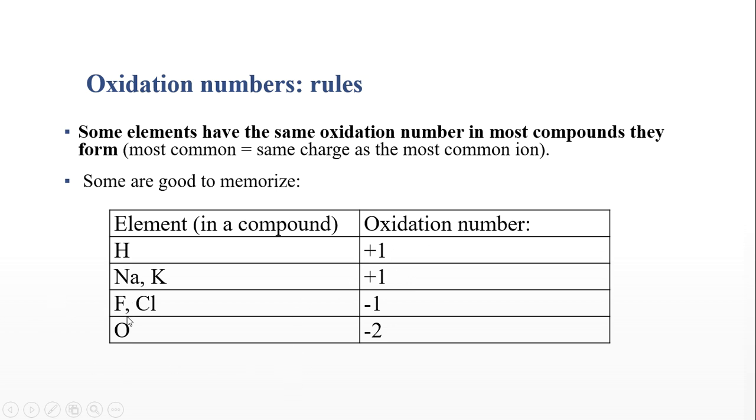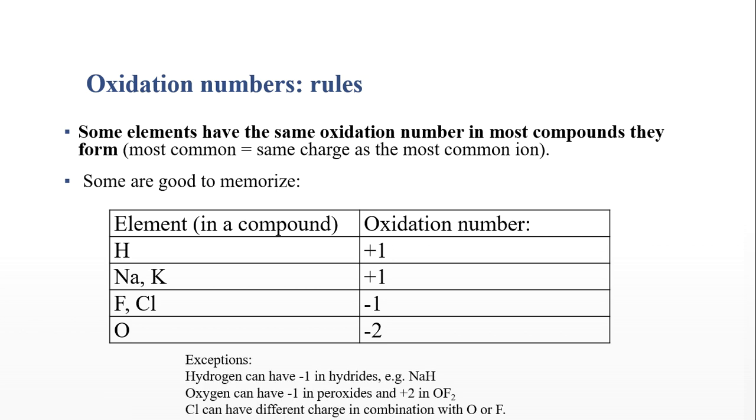Whenever you find fluoride and chloride, or fluorine and chlorine, the oxidation numbers will be -1 when they're in a compound. And if you find oxygen in a compound, for example in water, the oxidation number for oxygen will be -2. And keep in mind that we find hydrogen and oxygen in the vast majority of molecules we look at. So if we know these two, we're going to get quite far.